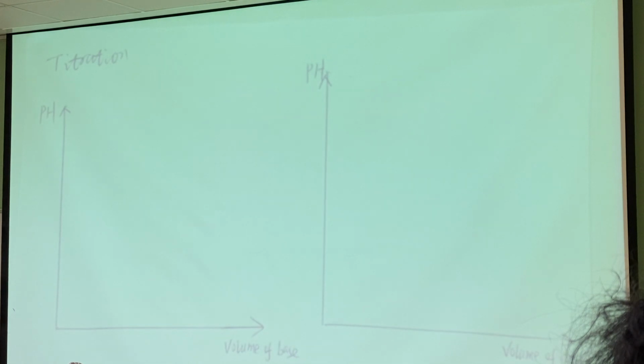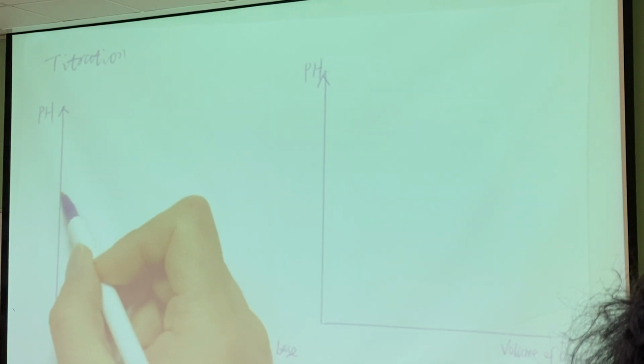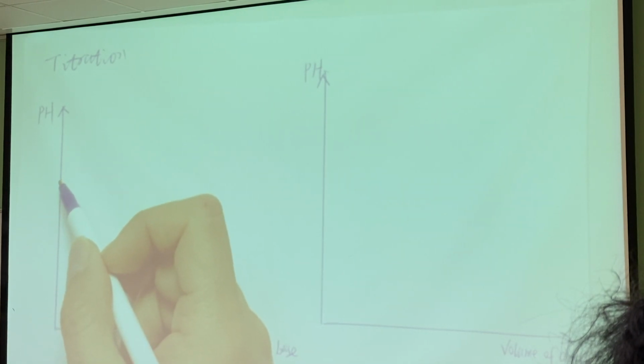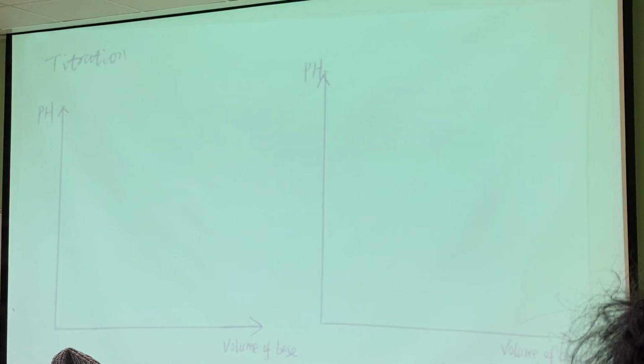So after today, you're going to understand why we can use titration to determine pKa when you were doing the experiment in 1211. At that time, probably you didn't know why pKa can be determined through pH. You use a pH meter, measure pH, and eventually you determine the pKa. So how could that happen?